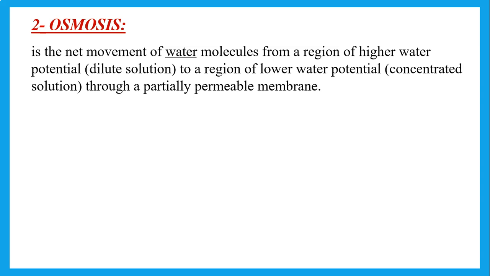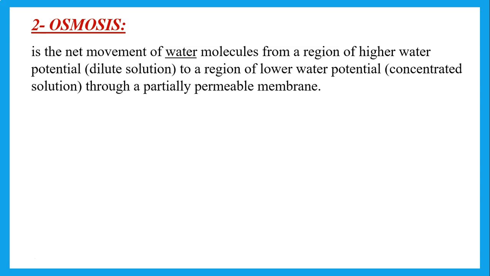So when we have more water, that means we have a dilute solution of a salt or sugar solution. If it is dilute, it has a lot of water, so we say it has higher water potential. So this is, first of all, movement of water molecules from higher water potential to lower water potential.